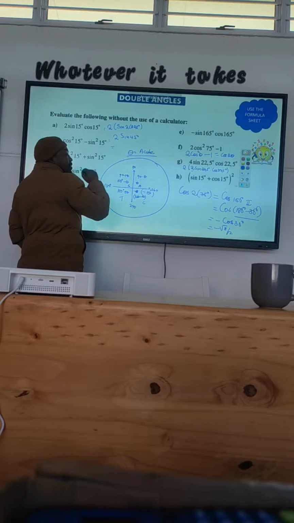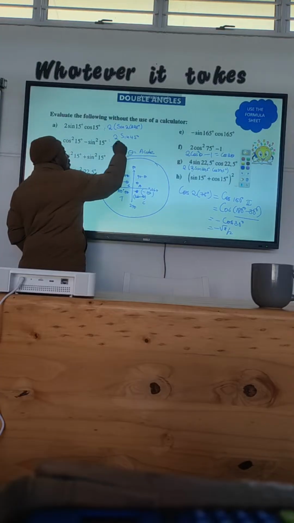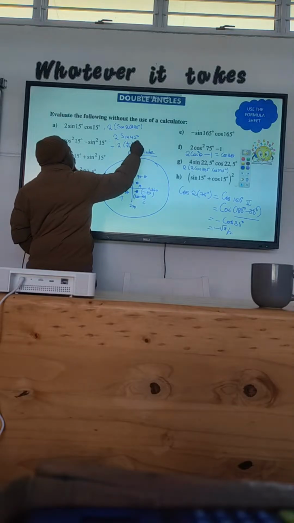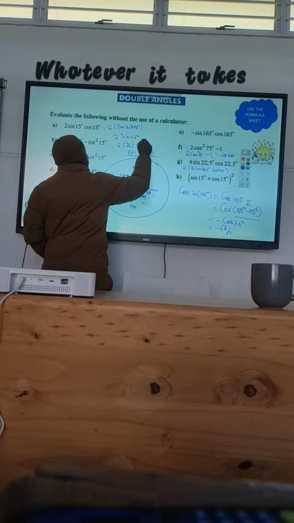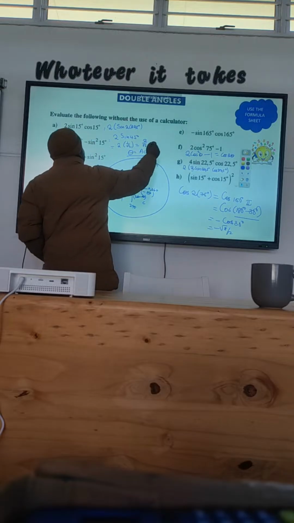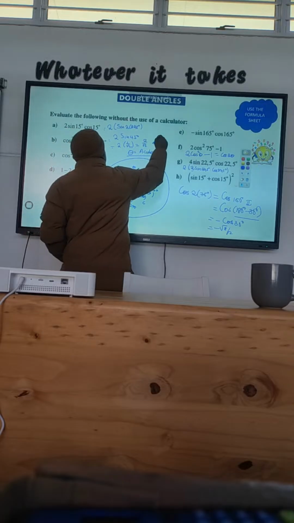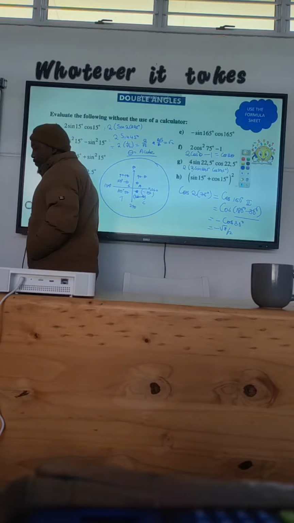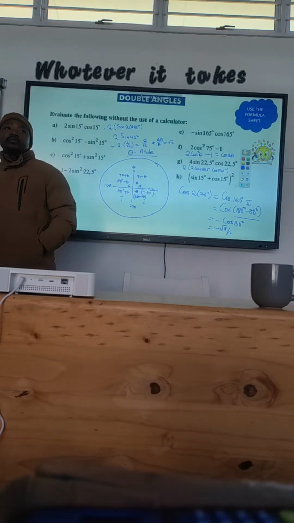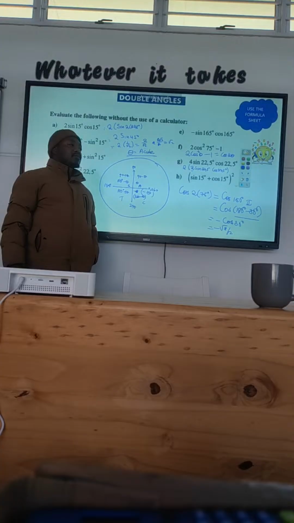And our answer will be, let's substitute, 1 over square root of 2. So our answer is 2 over square root of 2. Or we can simplify it to say this will be 2 square root of 2 over 2. Then this will divide this, and our answer will just be square root of 2. Either one.